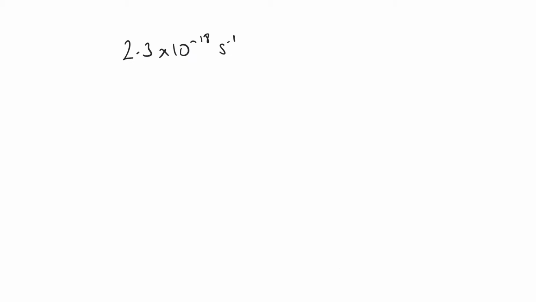Now, the other part of the question is, what does that tell us? It's the reason why we sometimes write it as seconds to the minus 1. You've also seen seconds to the minus 1 as the unit of hertz, as frequency, but that isn't actually very helpful right now. However, if we think about what s to the minus 1 means, it means 1 over s, or 1 over time.